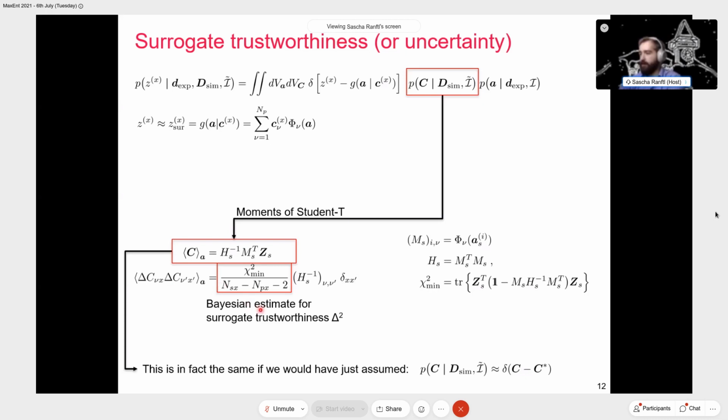And also here in this expression, we can identify this familiar term of the misfit. So this is the minimal misfit divided by the effective number of degrees of freedom, which is the Bayesian estimate for our surrogate trustworthiness delta squared that we introduced before.